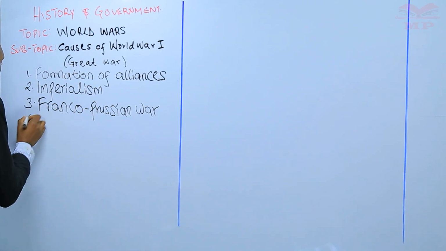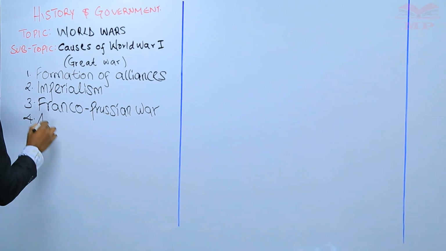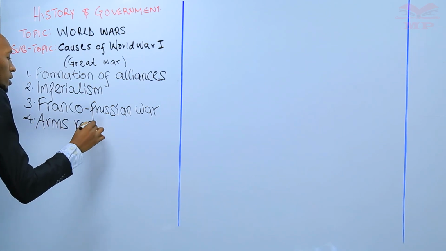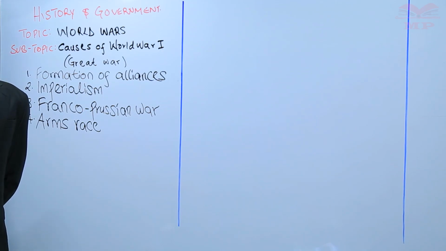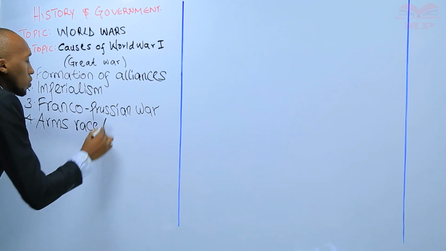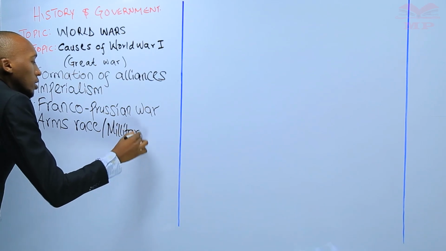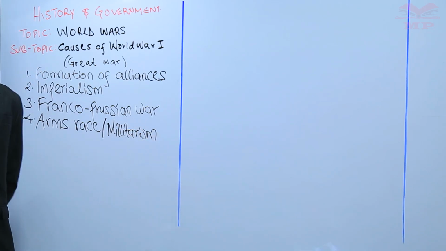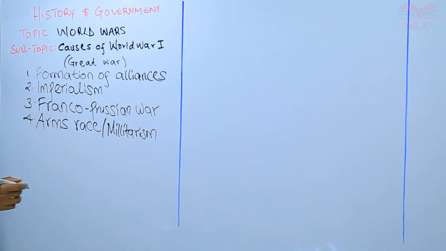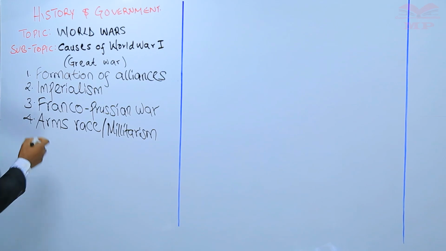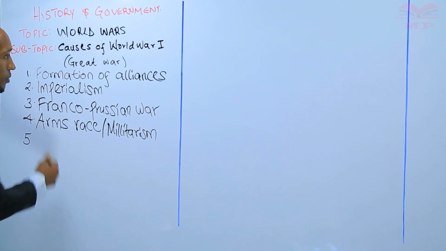And then number 4, we are going to discuss something we refer to as arms race, which is also referred to as militarism. Do not worry, my learner, we are going to discuss more so that you can understand what these terms mean. We are just stating them all, and then one by one we are going to discuss them.